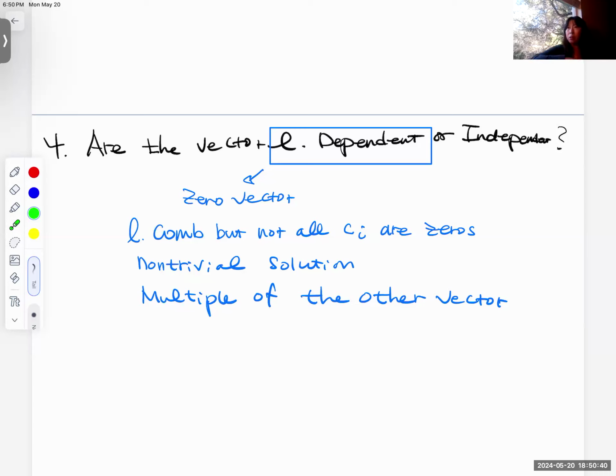Okay, so the given vectors we have -1, -15, 3, and 0, 1, 0, and 6, 99, and 18.